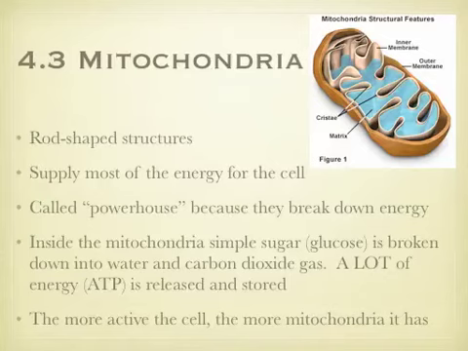When this process happens, a lot of energy is released, and some of it is stored. The energy in cells is called ATP. The more active the cell is, the more mitochondria it has. I'd like you to think about the number of mitochondria that's in a muscle cell versus a brain cell.